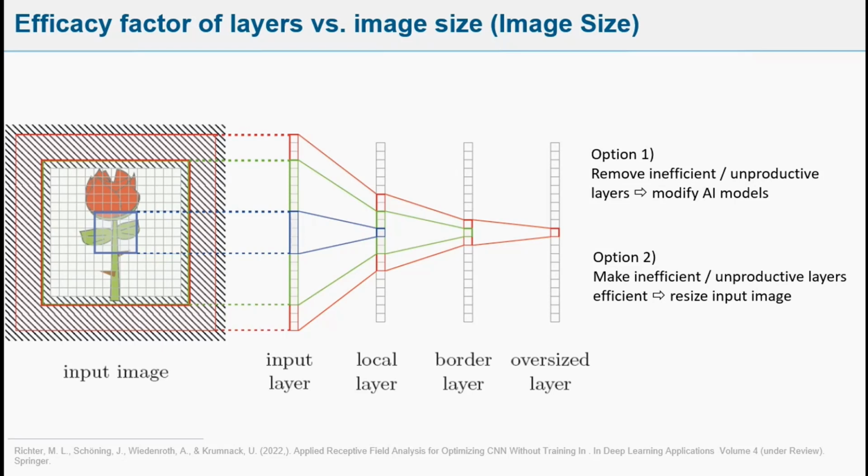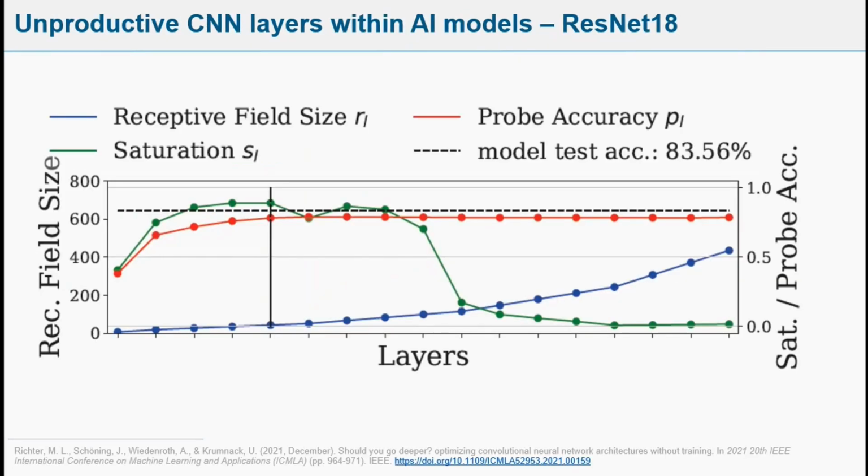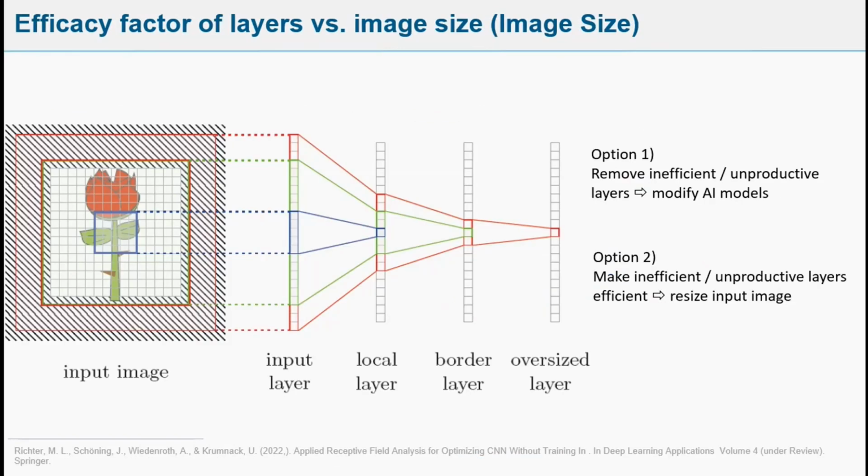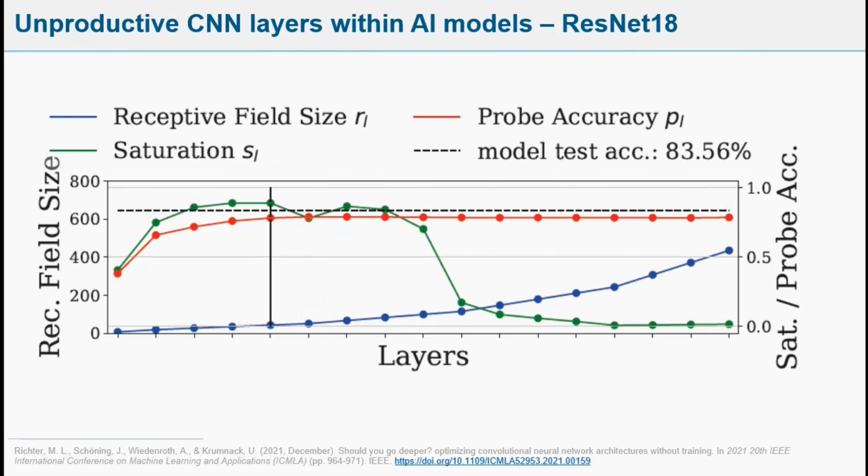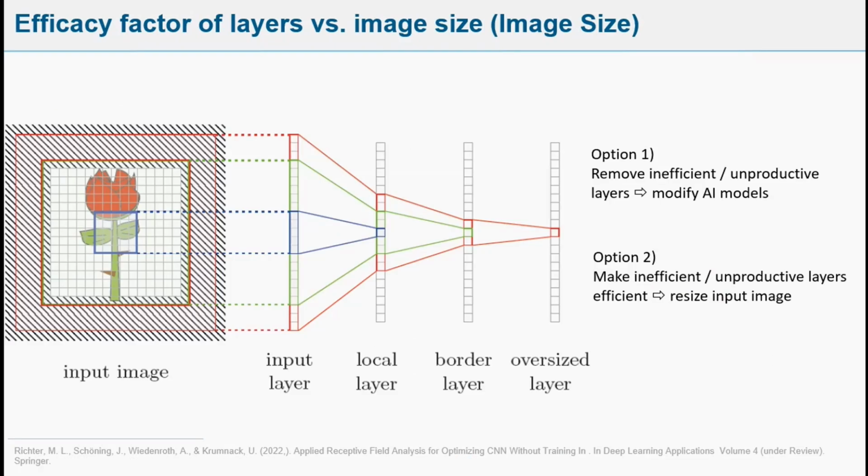And by having these eigenvalues, as well as these receptive fields that we use to compute this saturation graph, we will find a border layer, and behind this border layer we do not have productive layers anymore.